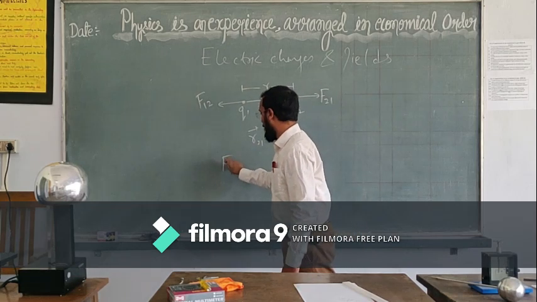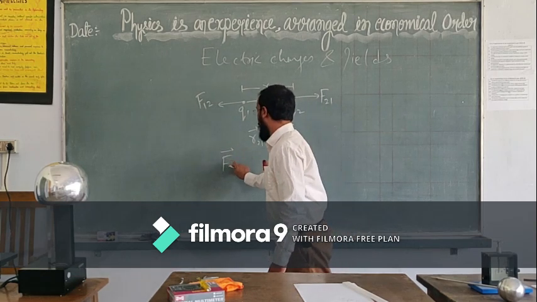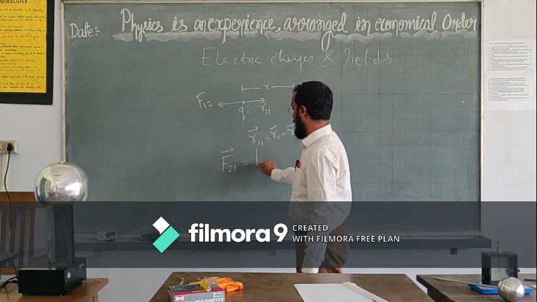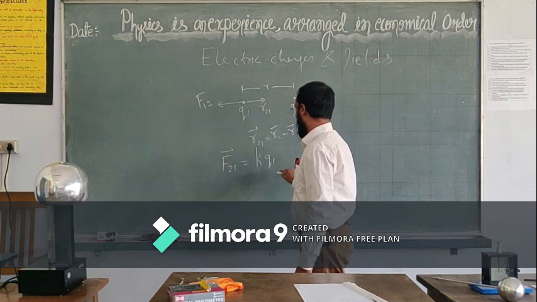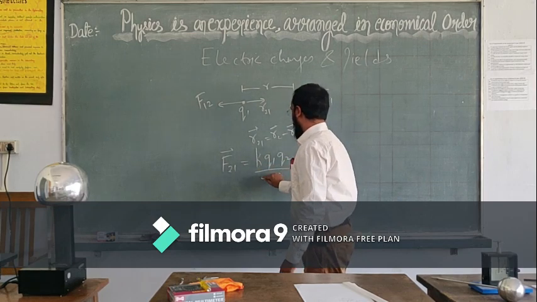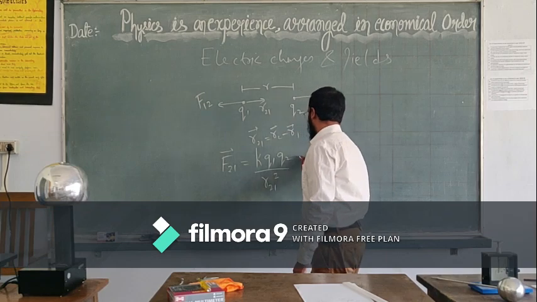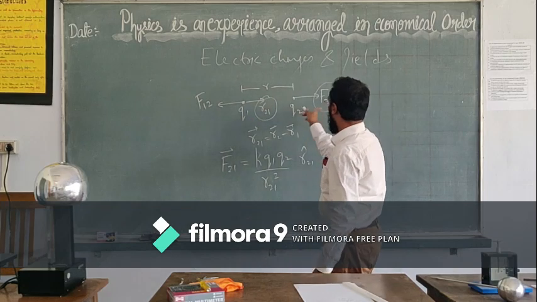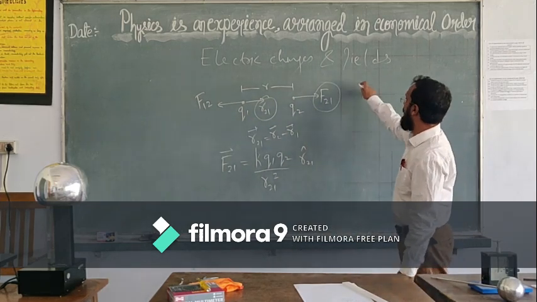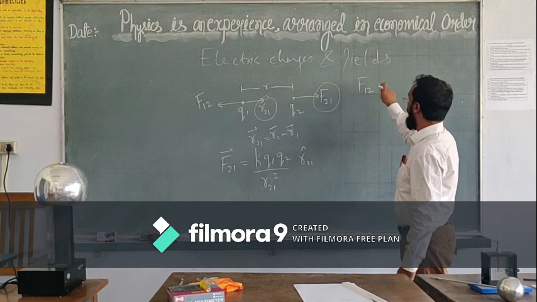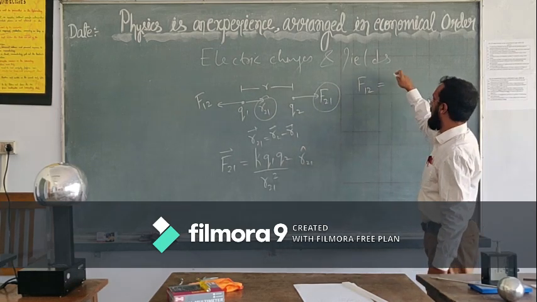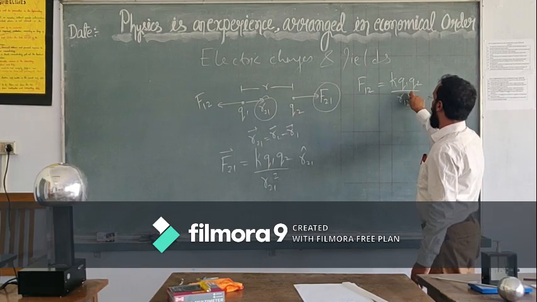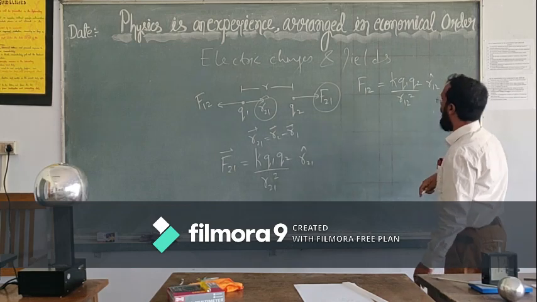So if you want to find the force on charge 2 due to 1, then according to Coulomb's law that will be equal to k Q1 Q2 by R21 squared R21 cap, because F21 and R21 are in the same direction. In the same way, if you want to find the force on 1 due to 2, that will be equal to K Q1 Q2 by R12 squared R12 cap.